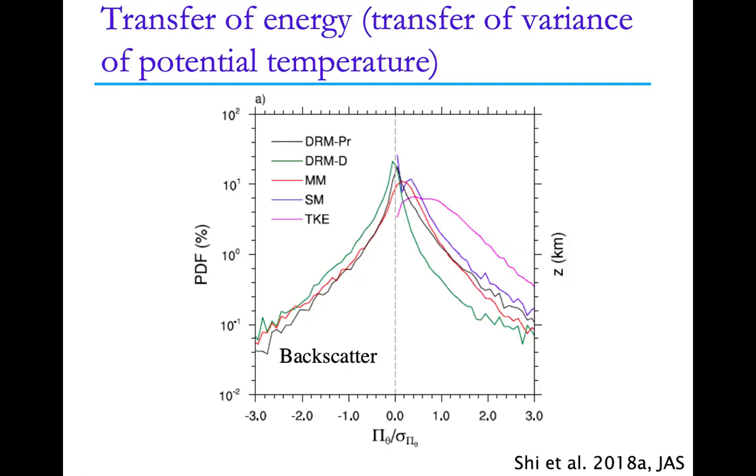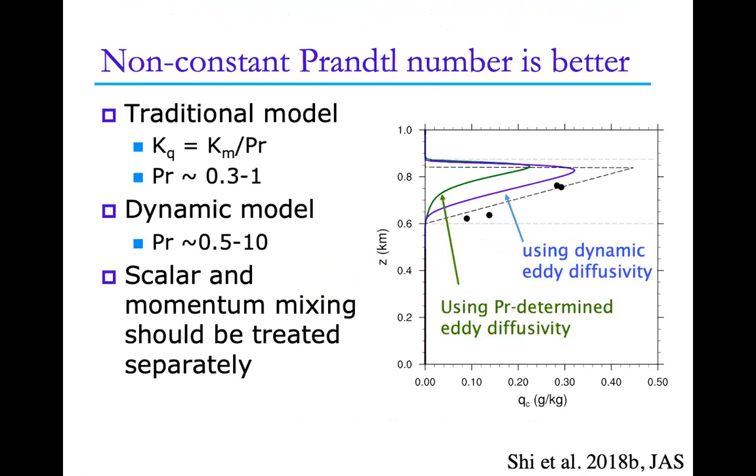One other quick side point that we discovered in this is that there's a lot of sensitivity to the choice of the Prandtl number, and the Prandtl number is what relates the diffusivity for scalars to the diffusivity for momentum. So in a traditional WRF setup or in a traditional closure model or just mesoscale model, there'll be a constant Prandtl number that's chosen, typically between 0.3 and 1.